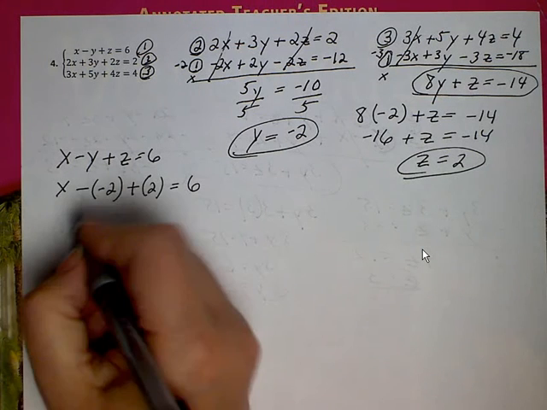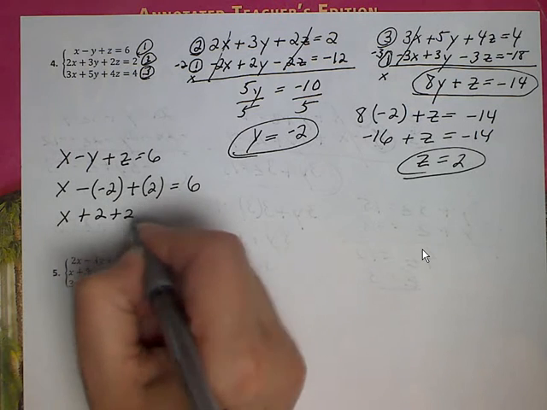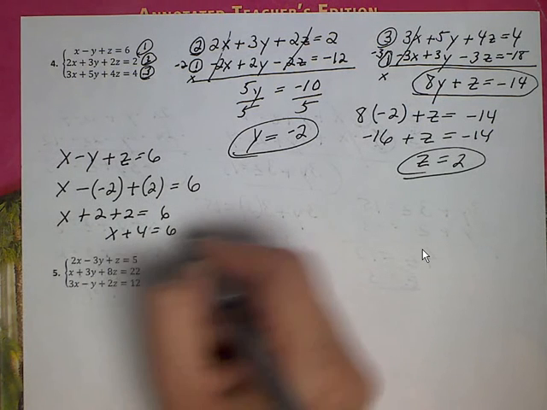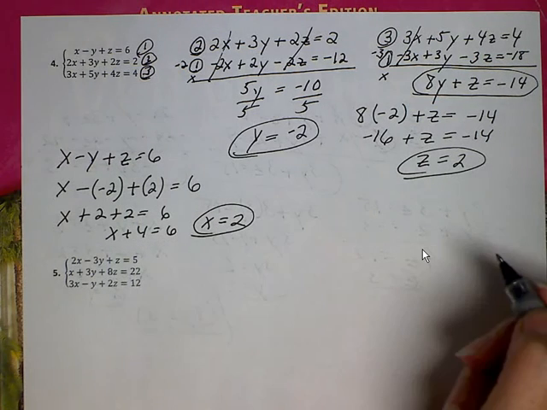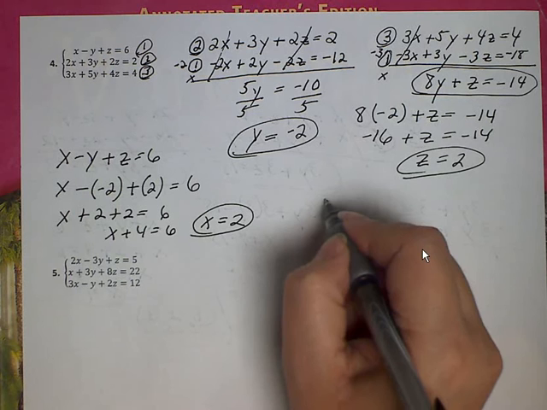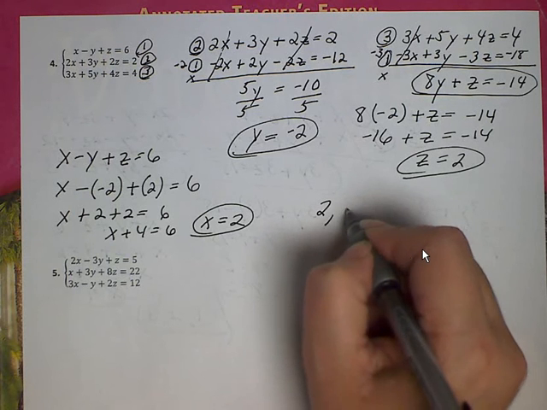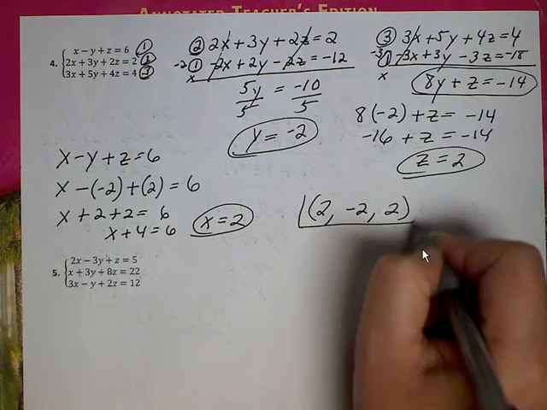So I have x, negative negative is positive 2, plus 2 equals 6. x plus 4 equals 6. So therefore x is 2. So my final answer is x is 2, y is negative 2, z is 2.